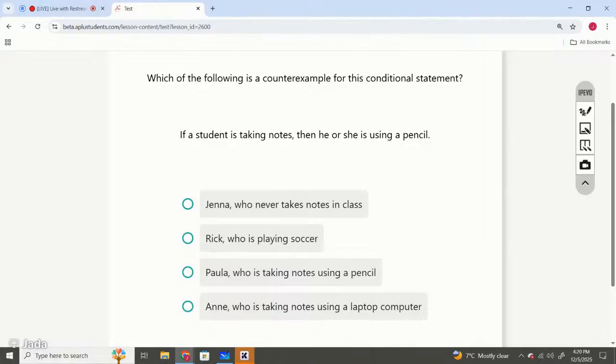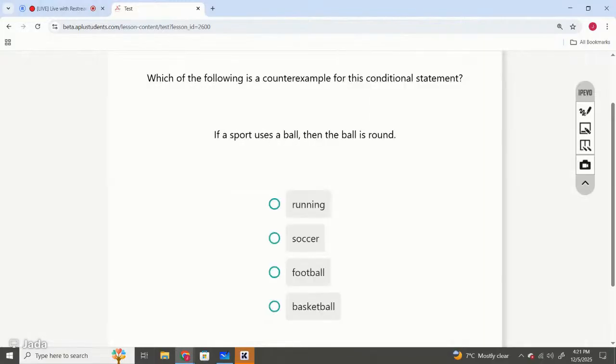If a student is taking notes, then he or she is using a pencil. Jenna, who never takes notes in class; Rick, who is playing soccer; Paula, who is taking notes using a pencil; and the last, who is taking notes using a laptop. So option number 4 is the correct option. She is taking notes but not using a pencil.